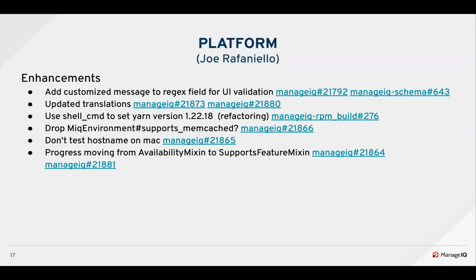He also added some work towards the support feature mixin by removing some of the tests where the way they were stubbing and behaving with that was something he worked on. In addition, he had a change for testing hostname on Macs. It was inconsistent, so he removed that for testing on Macs.